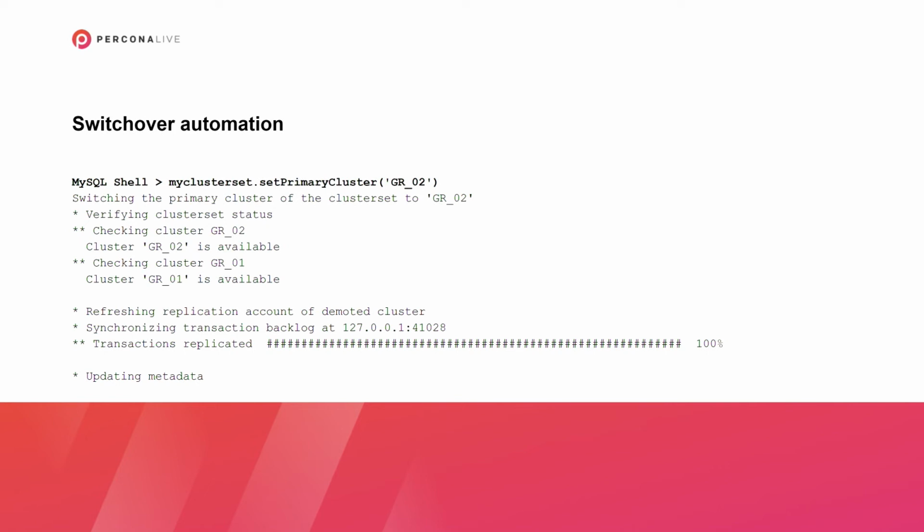So if you have a large transaction, you can actually configure a timeout and what the switchover will do in case of timeout, if it will kill the transaction, if it will switch over anyway, or whatever behavior you want it to have.